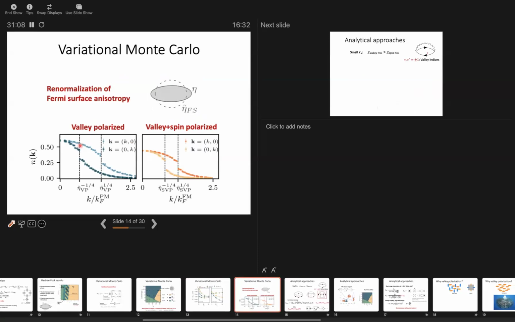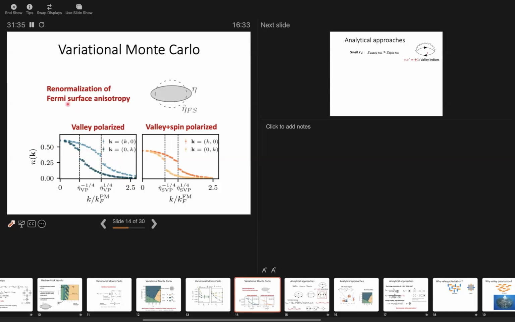In these calculations, we can directly calculate the occupation number in momentum space, n of k, from the wave functions that we get. And you see very clearly this jump in n of k, which is the Fermi liquid jump. This is the discontinuity in the occupation function as a function of momentum. As one would expect, it's different in the x and the y directions for one valley.